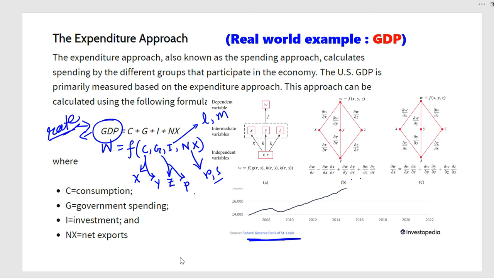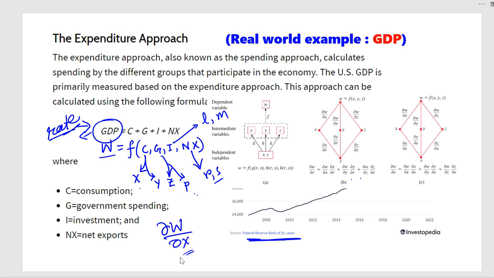Then there are independent variables. So for GDP, for example, W, if you try to calculate dW/dx, then what will be the change? In fact, if you write it as four functions, then what will happen? For the rate of change, you need the partial derivatives: dW/dx, del W/del x, all these things.